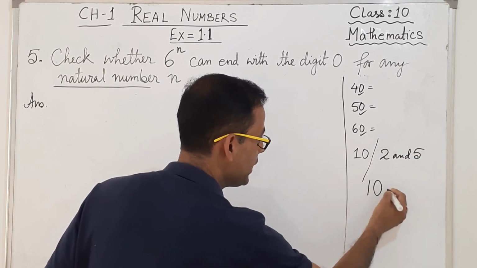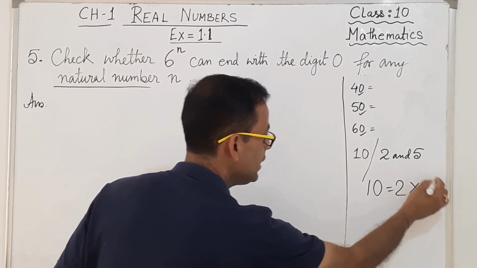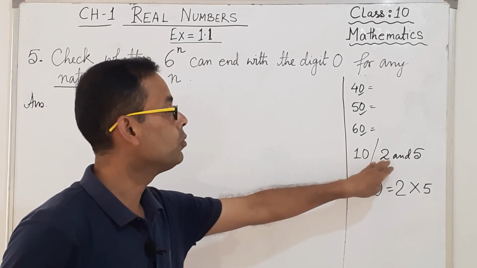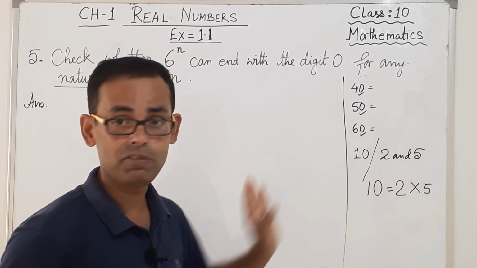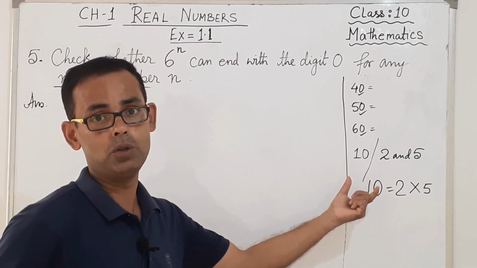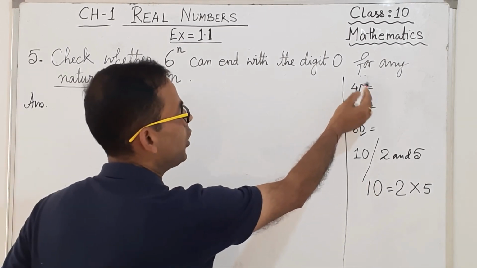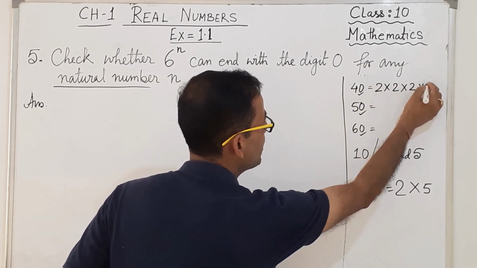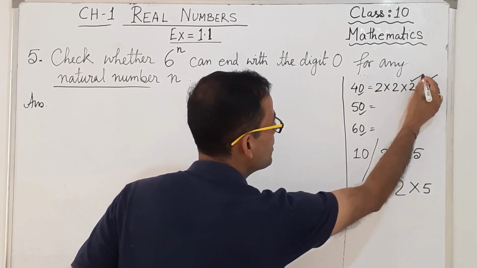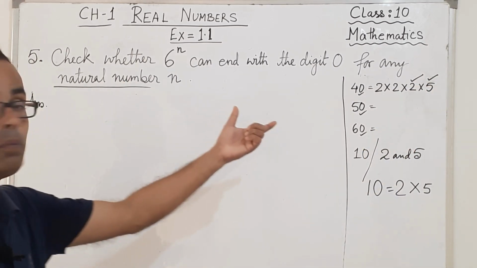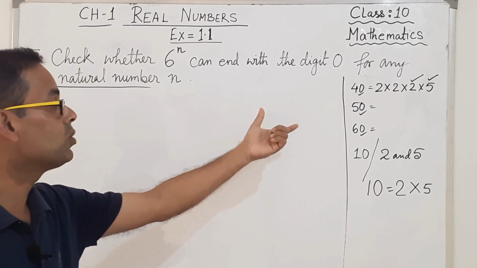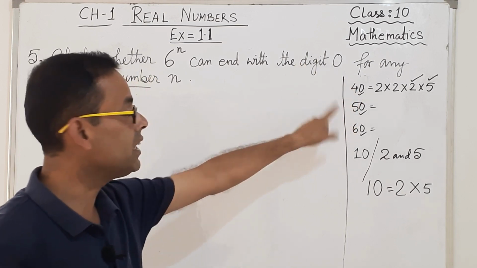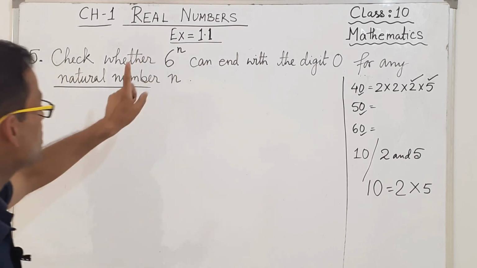Why? Because 10 means 2 into 5. Suppose here 40. 2 fours are 8, I mean 2 twos are 4, 4 twos are 8, 8 fives are 40. So you can see here 2 and 5 are there. So it will be divisible by 10, and that's why it is ending with the digit 0. This concept we have to keep in our mind to solve this sum.